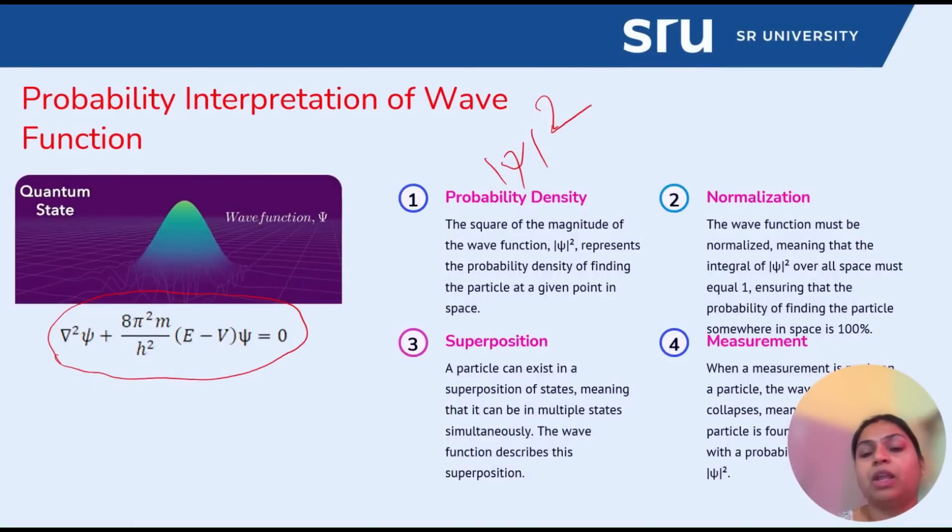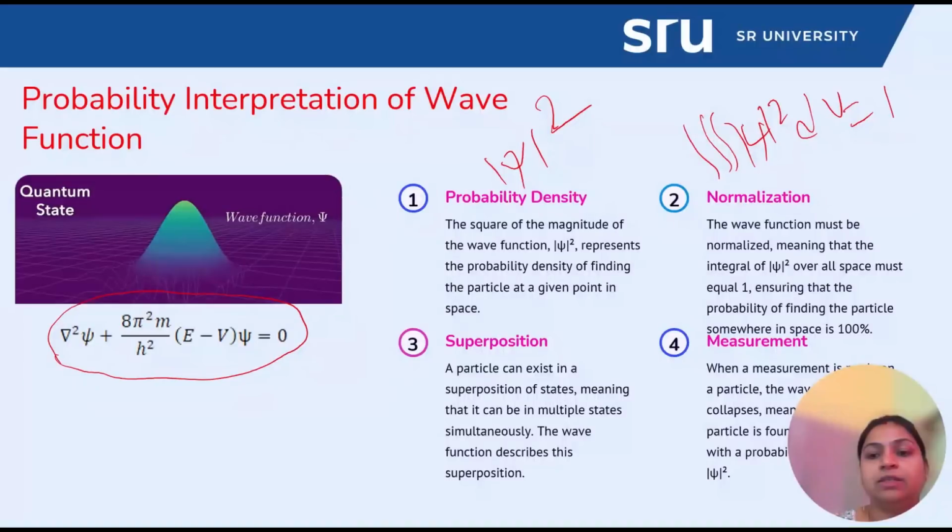Normalization means the wave function must be normalized, that is, psi square over all space dv is equal to 1, ensuring that the probability of finding the particle somewhere in space is 100%.